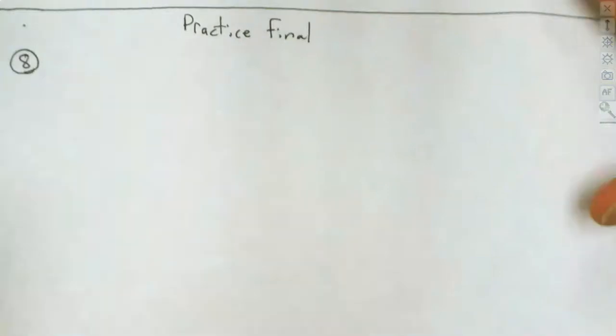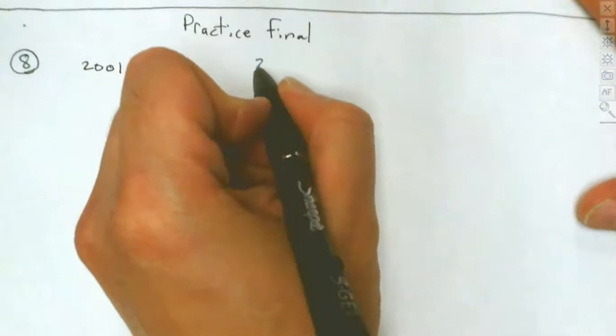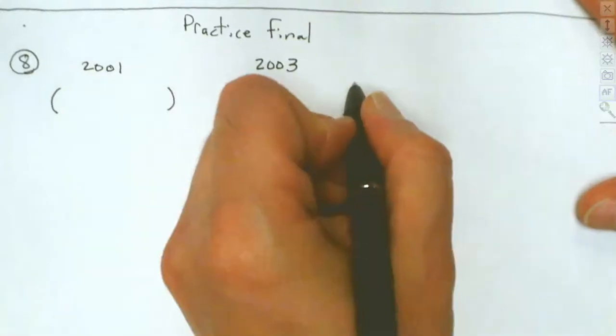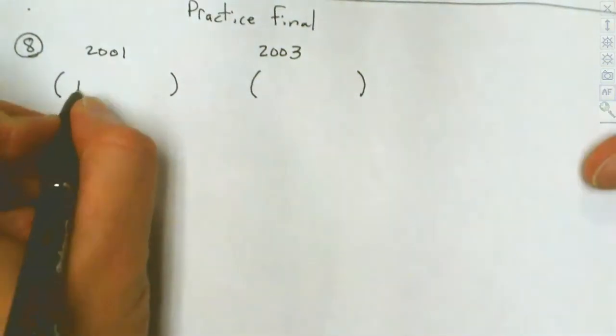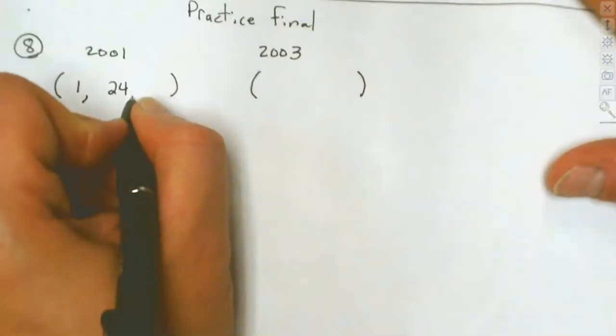So what are we going to use? Well, we're going to use 2001 and we're going to use 2003. So we've got to come up with our ordered pairs here. For 2001, we use 1 for the x value, and then we go to our chart, and we look up 2001, and the value is 24,600.